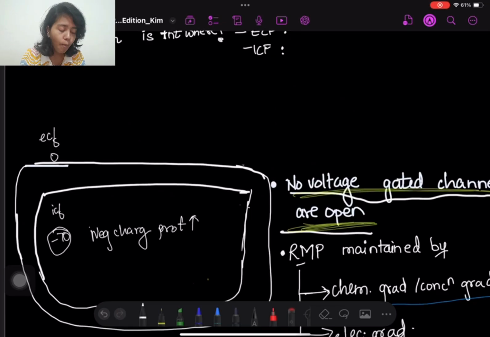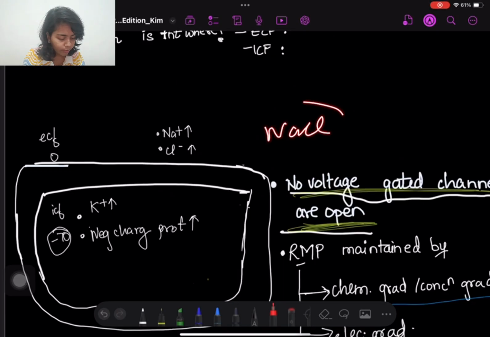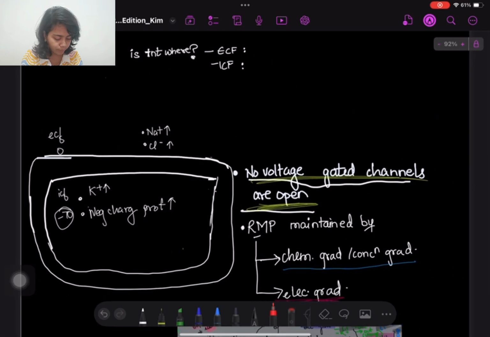Large negatively charged proteins would be more inside, and potassium is more inside, whereas on the outside sodium is more and your chloride ions are more. If there's any difficulty remembering where chloride is, because you might get confused that chloride is also negative so it should be inside, but no, chloride is outside. So to remember, you can remember NaCl salt, so where Na is, Cl is there, right? You can remember like that. No voltage gated channels are open, correct?